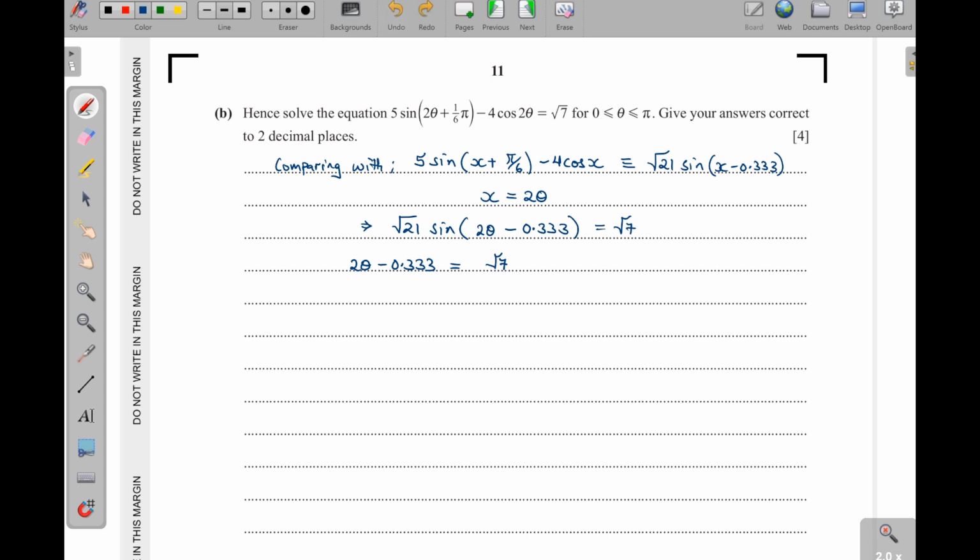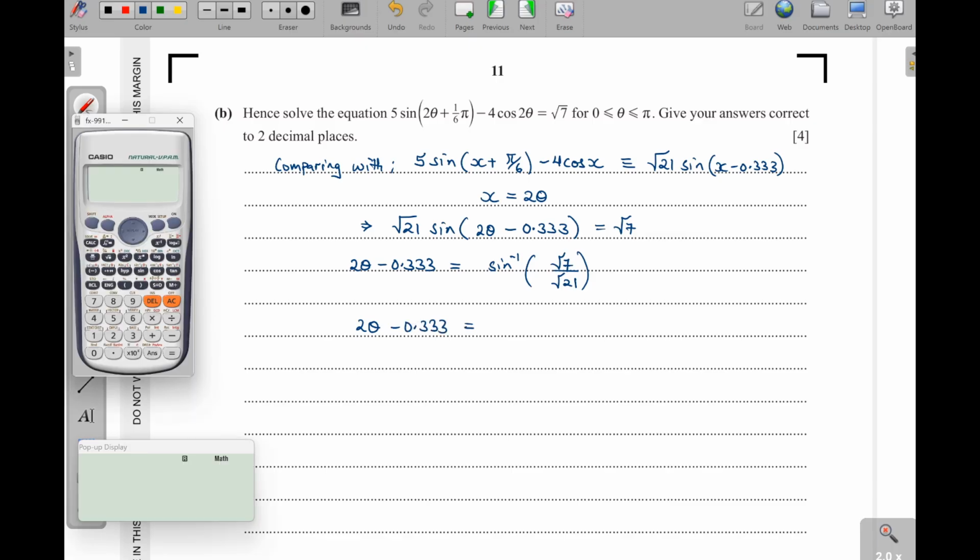Then we divide. It will be the arcsine of root of 7. We divide by root of what? 21. Okay. So arcsine of that, what will it give us? Remember, our calculator has to be in radians.